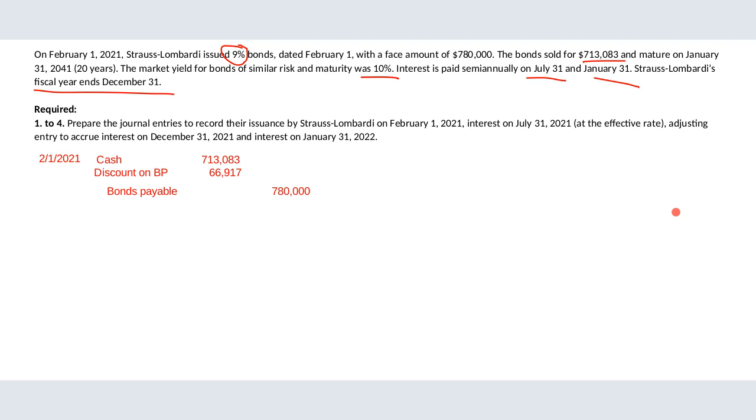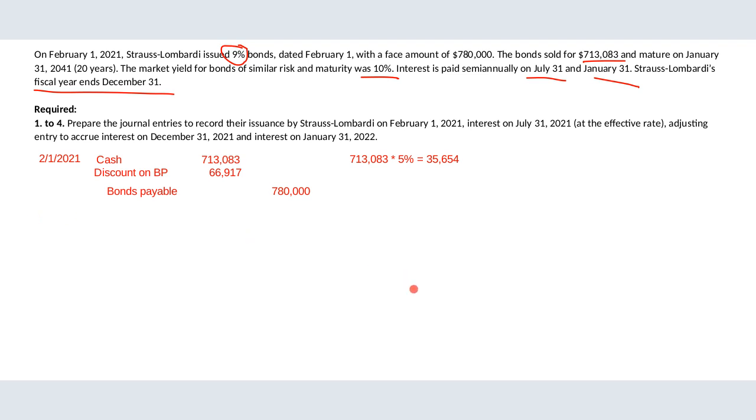We take the 713,083 and multiply by 5%, and that should be $35,654.